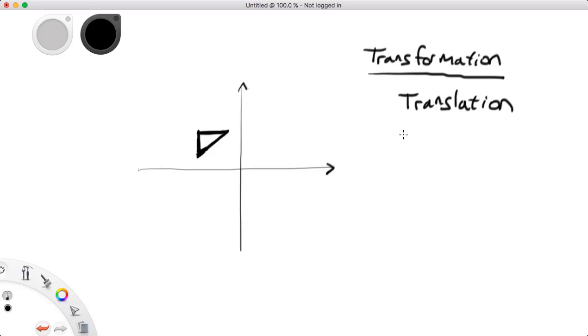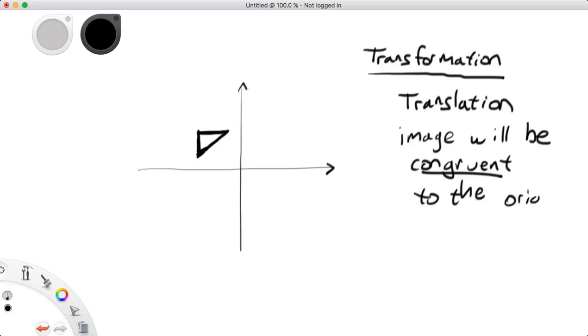Yes, that is one use of the word, but in math, it means you're going to take something and move it, and the new version of the thing that you move is going to stay congruent to the original shape. So what we call the image will be congruent to the original shape.